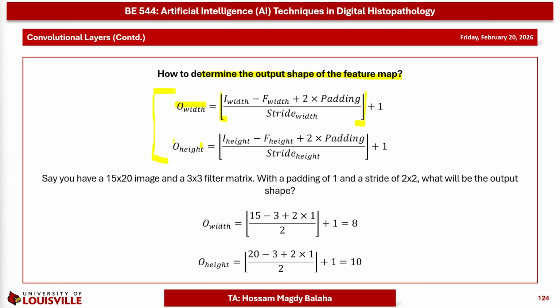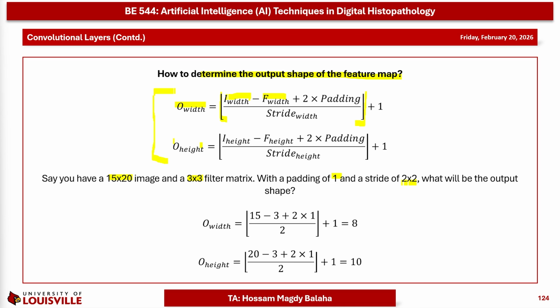The numerator will be the input width minus the kernel width plus 2 multiplied by the padding, divided by the stride. So if we have a 15x20 image and a 3x3 filter matrix or kernel, a padding of 1, and a stride of 2x2, we can simply substitute in these two formulas, getting the output dimensions of the output feature map.